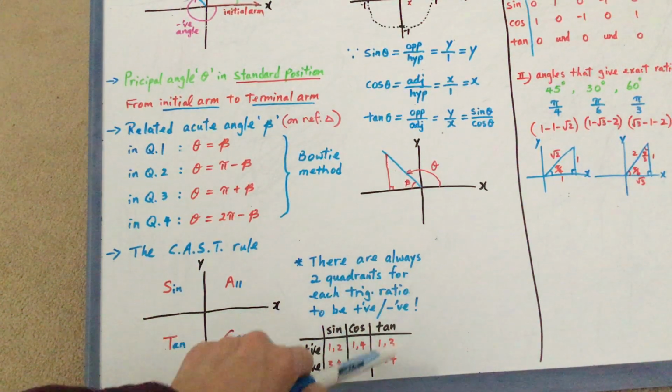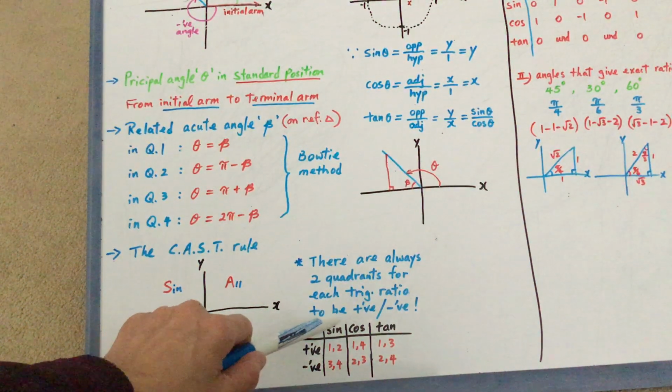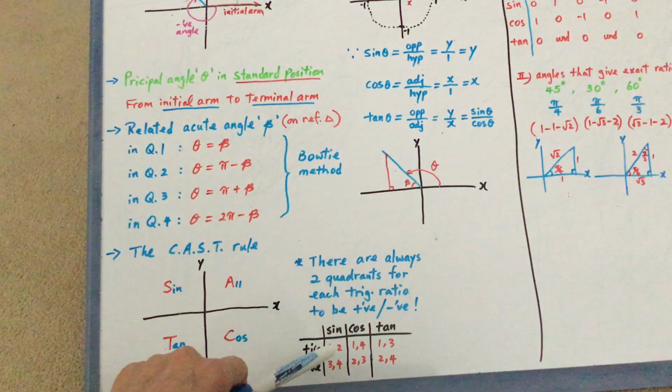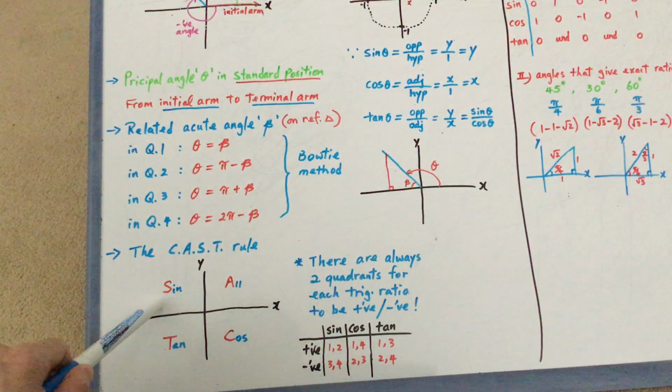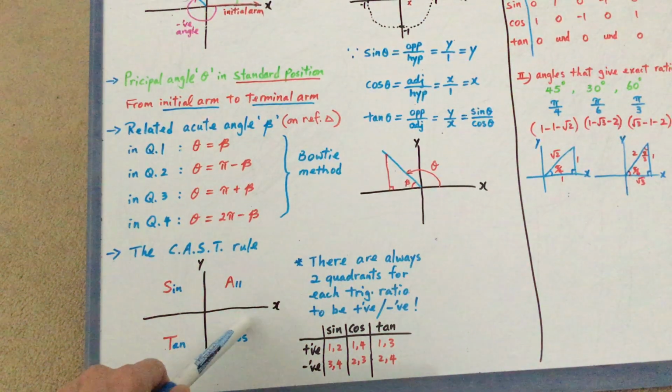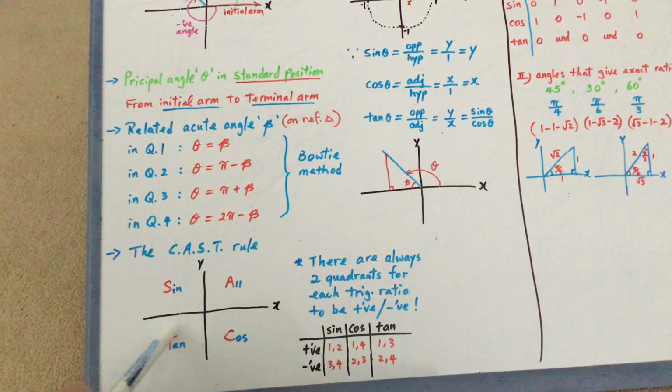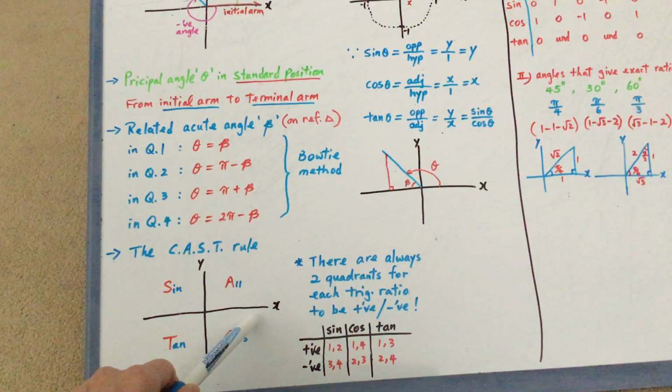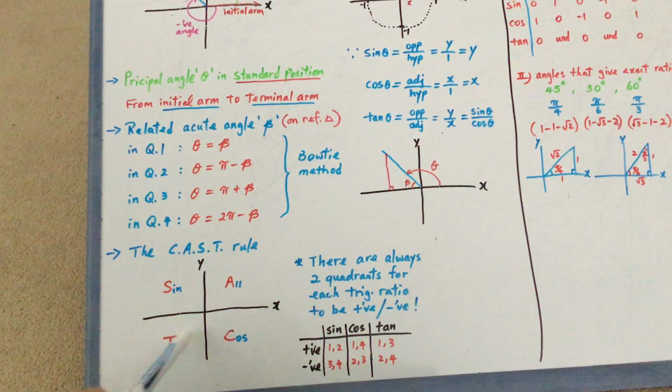If you look at my mini chart here, the sine will be positive in quadrants 1 and 2, but the sine ratio will be negative in quadrants 3 and 4, because only the tangent and the cosine are positive down here.